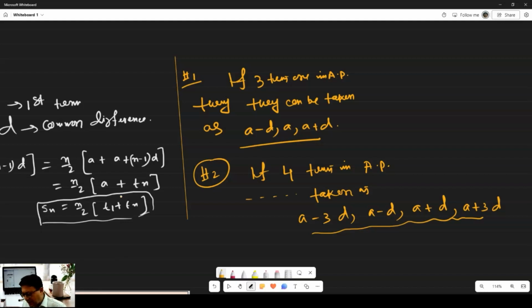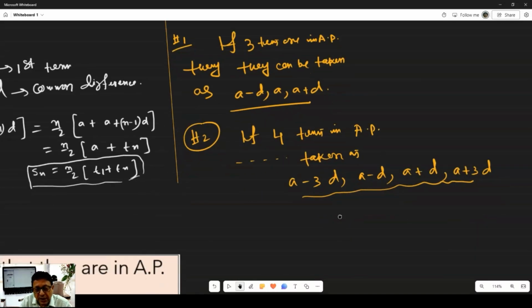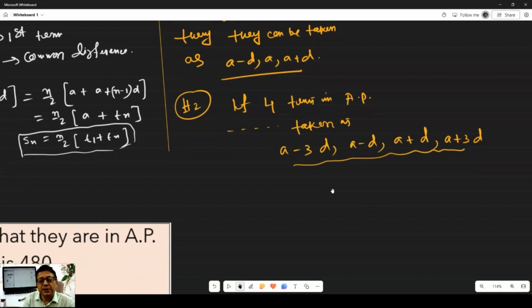No problem, you can take anything as common difference. When you are using symbols, anything can be taken as common difference. Okay? So we have taken 2d as the common difference and sum of these 4 terms is equal to 4a. That's why we made this kind of consideration. If 4 terms in AP, then we have done it.